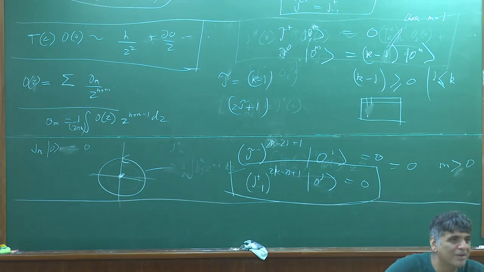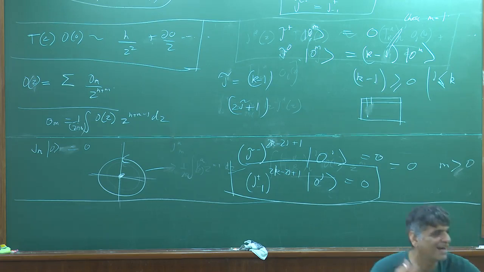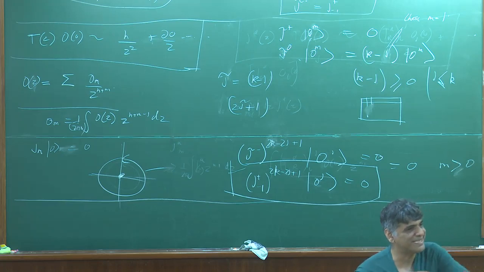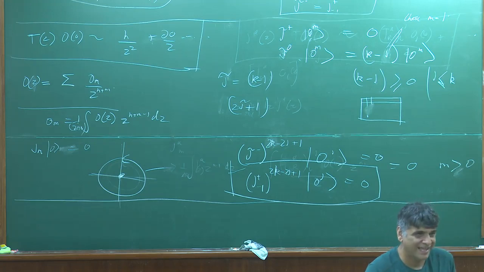But with some normalization, some conventions, it's an integer. In this case, for SU2, the way we've normalized, it was a half integer. So the lowering operator will lower by 2. The basic difference is whether you allow half integer representations or integer representations. If you only allowed integer representations, then it becomes SO3, and then k would have been an integer.